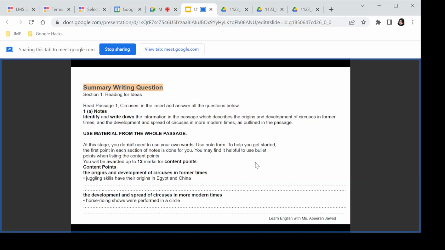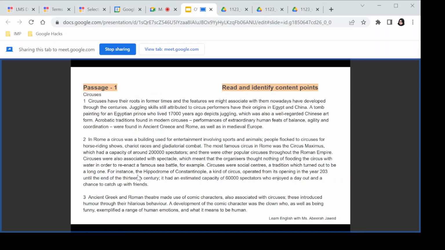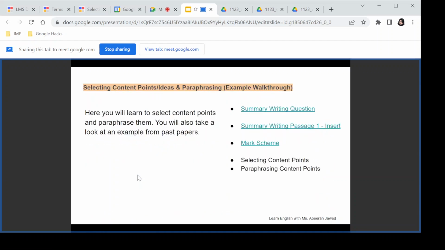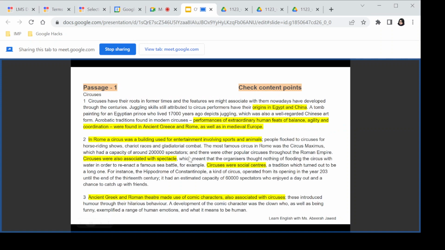Origins means where it originated, and development. One particular circus being popular is a part of the development, but it is not a significant stage in the development of circuses. Have you got your answer? Yes, miss. I'll just cut that out.